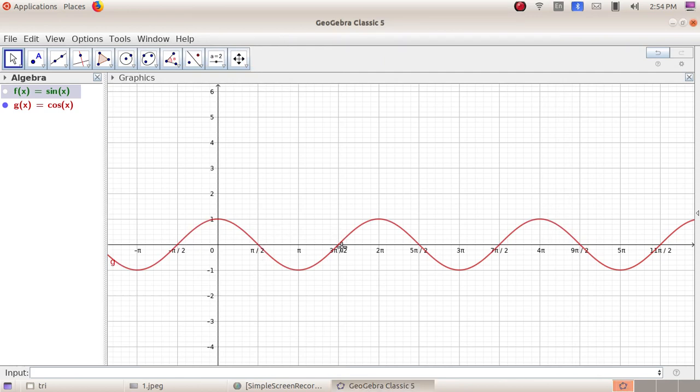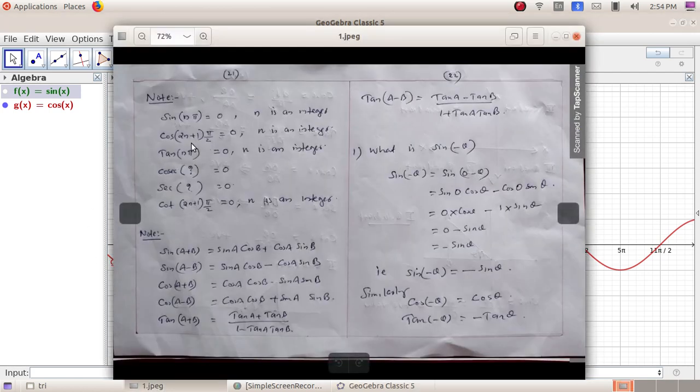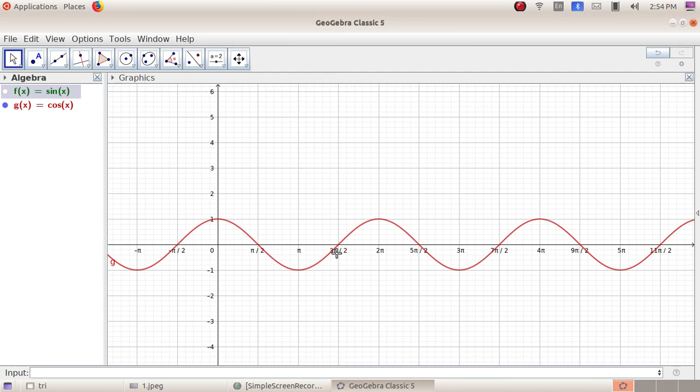When n equal to 1, what happens? Sorry, when n is equal to 1, 2 into 1, 2. 2 plus 1, 3. 3 pi by 2. What is cos 3 pi by 2? That is also 0.